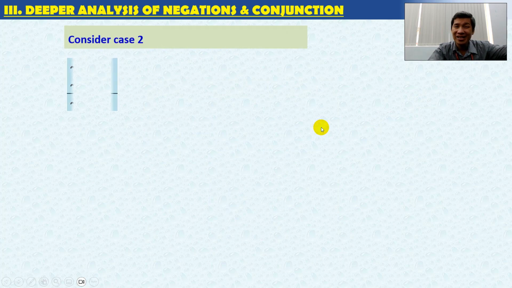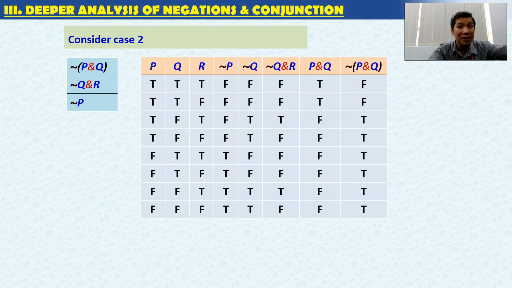Now consider case number 2. Not the case P and Q, not Q and R, and a conclusion, not P. 1, 2, 3, 4, 5, 6, 7, 8. Not the most complicated. In the exam, we can give you 10 columns. This is only 8. Why do we need not P and not Q?